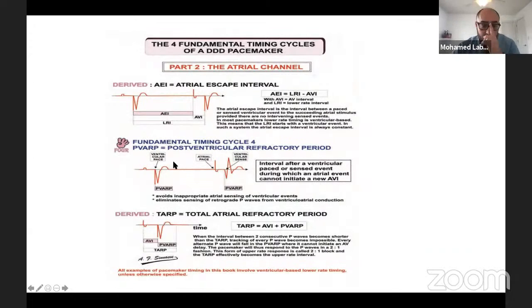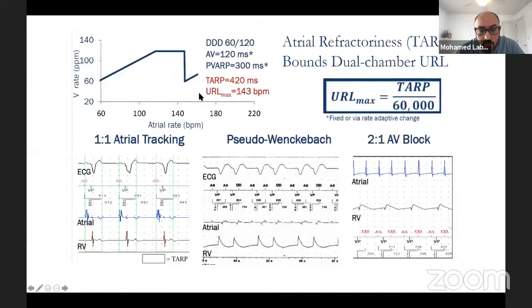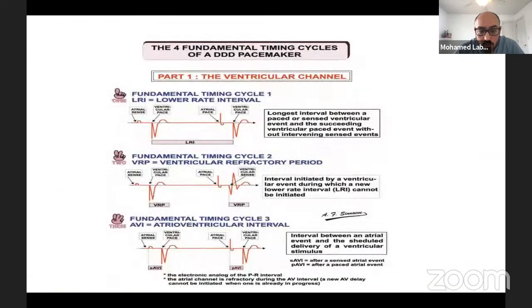Another fundamental concept, very important, and we'll touch on it with examples later, is the PVARP, or post-ventricular refractory period. Basically, you tell the device, after V pacing, I want you to wait a certain amount of time, say 400 milliseconds. I don't want you to listen or act on any activities in the atrium. We talked about the ventricular refractory period, so PVARP is different from VRP.